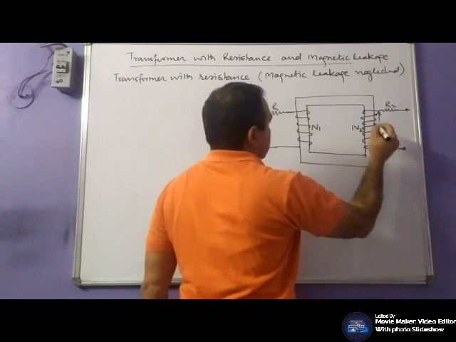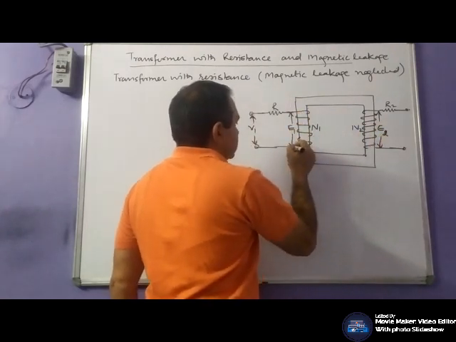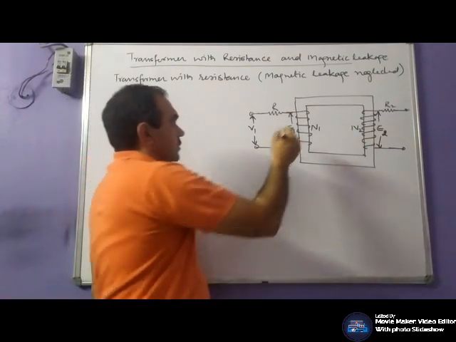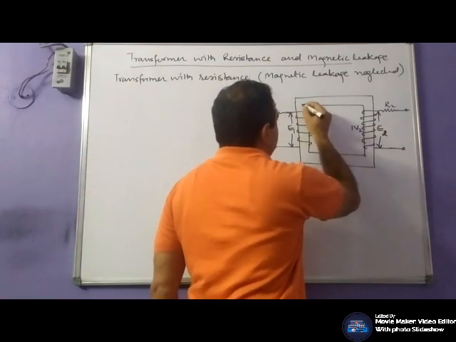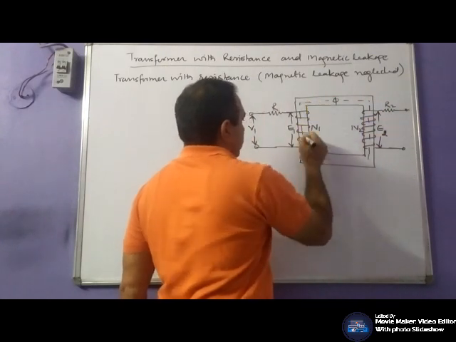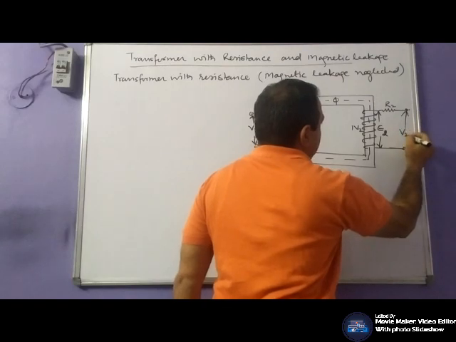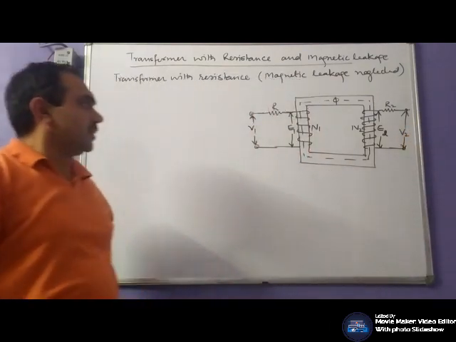E1 and E2 are the self-induced EMFs. Let phi be the magnetic flux in the core. V2 is the secondary terminal voltage.